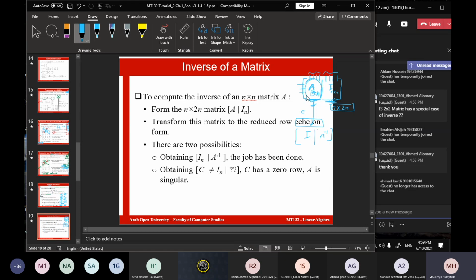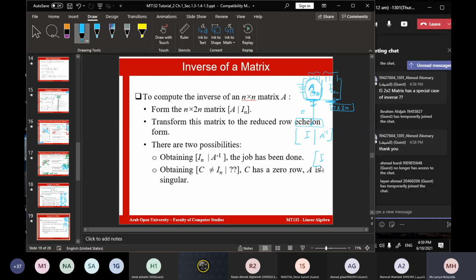Inverse of what? Of this matrix you started from. And if you could not reach it, meaning this part is not in the form of I, then this one is anything else but not the inverse, and we say that this A has no inverse.